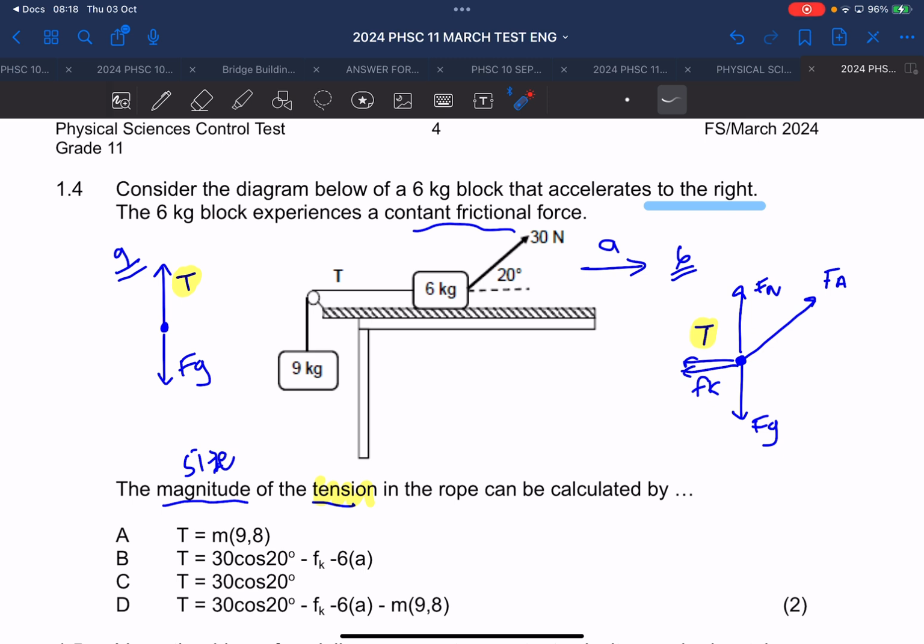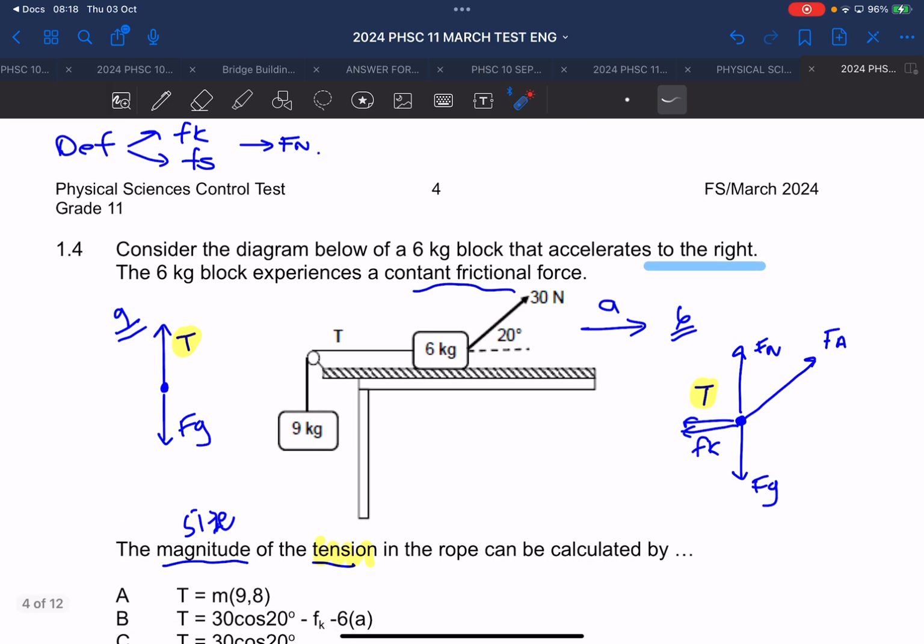Let me ask this question. Which law are we looking at here? Which one of Newton's laws? Oh, you said second law, go for it. In words. I will help you.